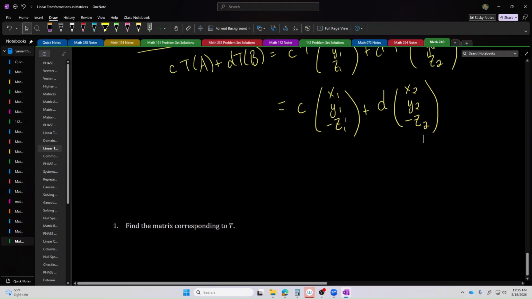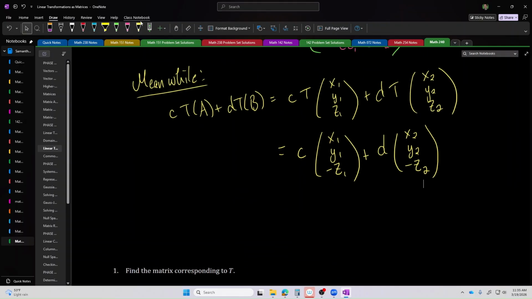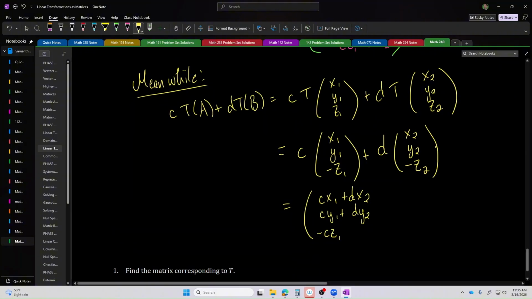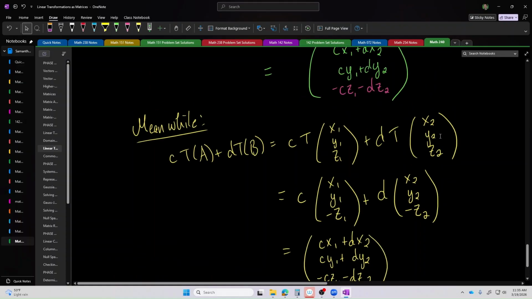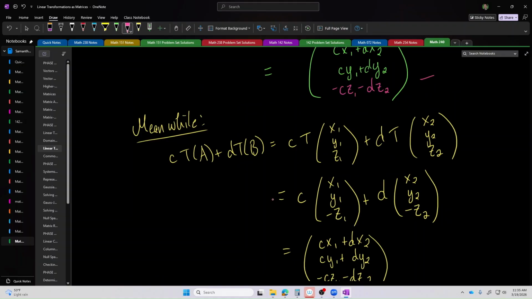So now if I use vector scaling and addition, this guy turns into cx1 plus dx2, cy1 plus dy2, and then negative cz1 plus negative dz2. And so what we can see is that after simplification, these two results are exactly the same.